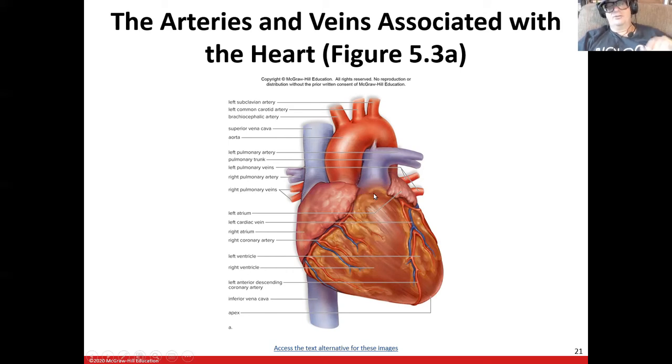The valve is called a pulmonary semilunar valve. Then the blood goes out the pulmonary trunk, and then it's dividing, and you have some going to the left lung and some going to the right lung. Anyway, moving on.